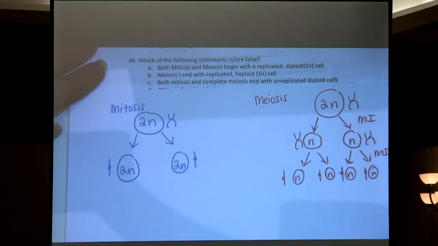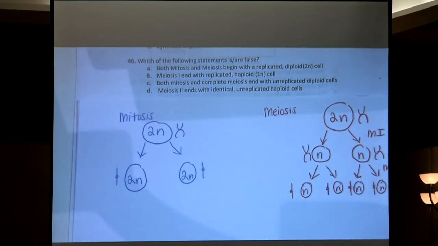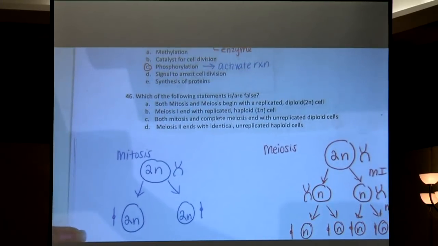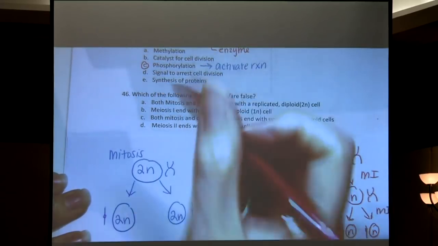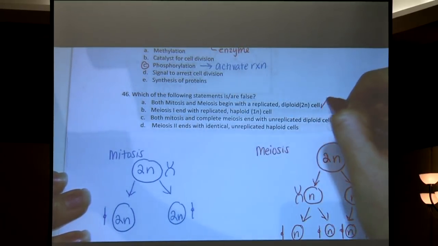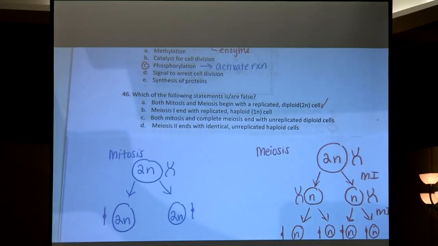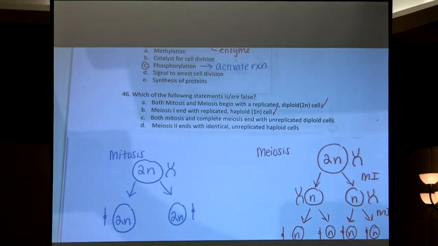So, after that brief overview, which of the following statements are false? So both mitosis and meiosis begin with replicated diploid cells. Is that true? So this is true. Does meiosis 1 end with replicated haploid cells? What do we think? Yes. So that one is also true.